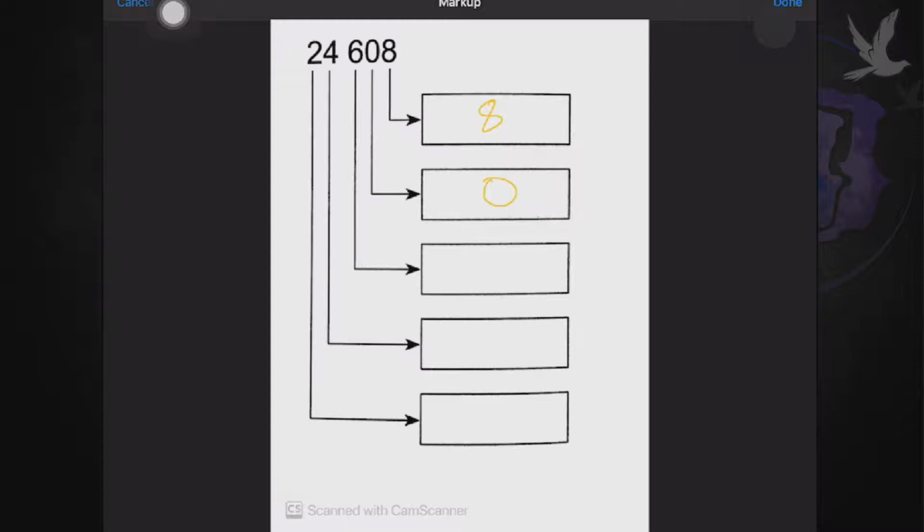For the digit 6, it falls under the hundreds place, so the value of 6 is 600. The digit 4 is in the thousands place, which means its value is equivalent to 4,000. And 2 belongs to the 10,000s place, which means its value should be equivalent to 20,000.